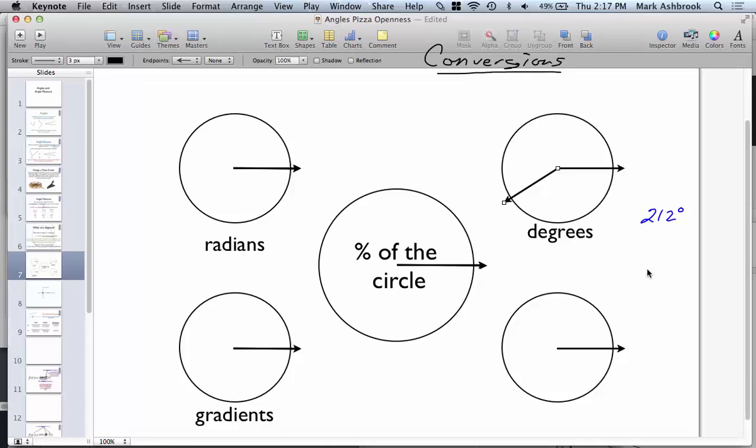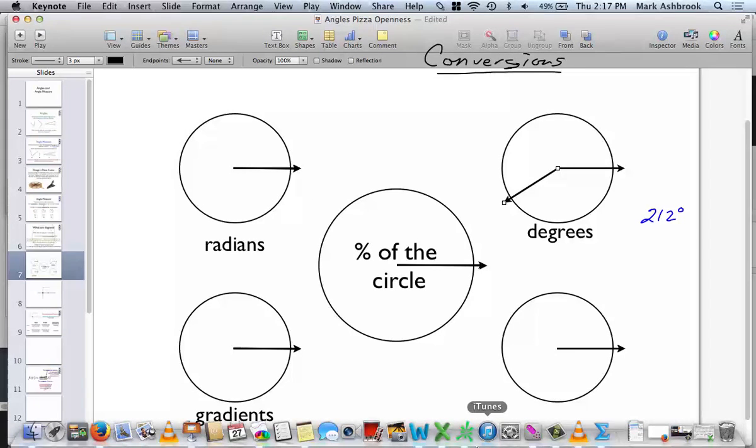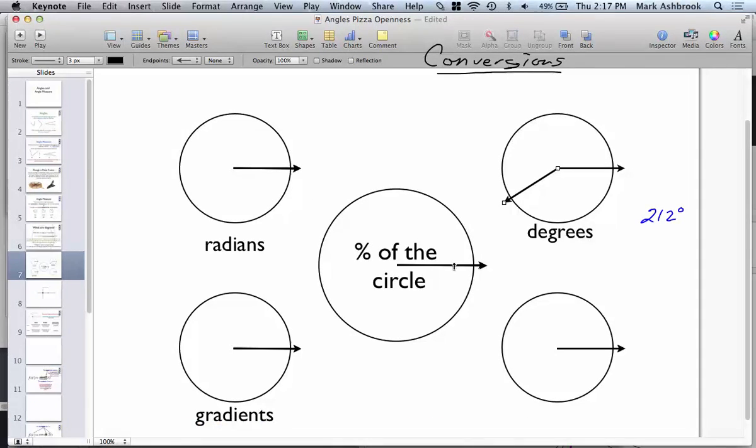Okay, so without trying to remember a formula, how can we use percent of the circle to get the equivalent number of radians? Alex? Figure out the percentage of 212 out of the total circumference of the circle in degrees, 360, so you put 212 over 360.